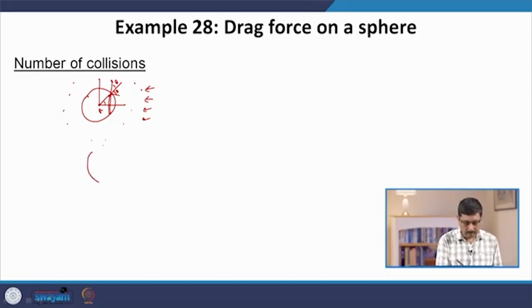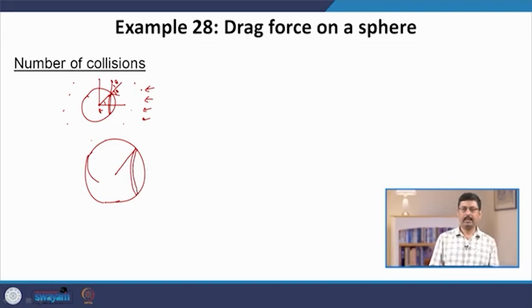So, let us make a bigger picture. So, the number of particles that are hitting this ring. So, imagine a ring on the sphere. So, the sphere is a 3D object.